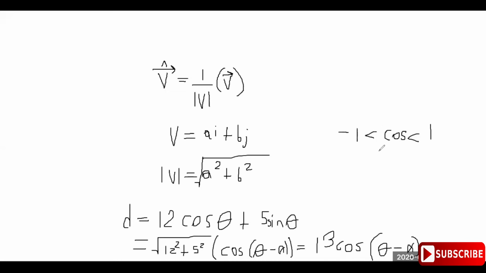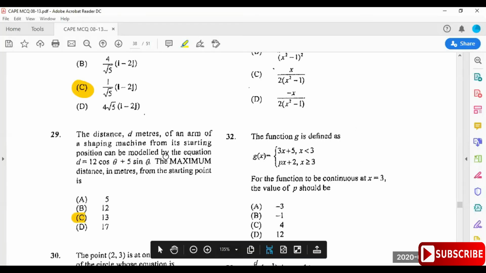And so 13 times cos is going to be between 13 and negative 13. And so the maximum distance that the function is going to be is 13. So that's the maximum distance.